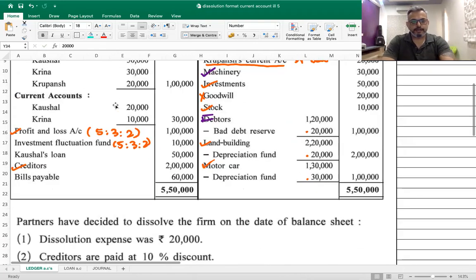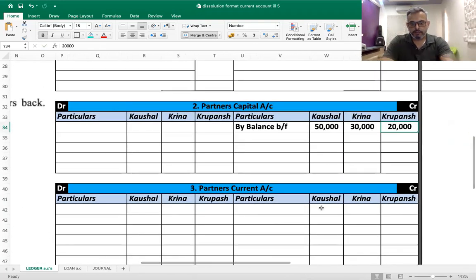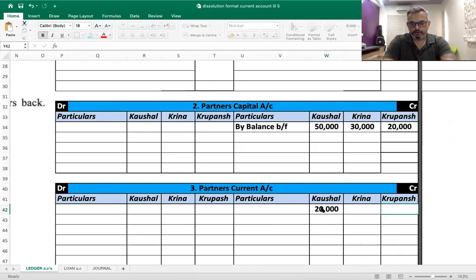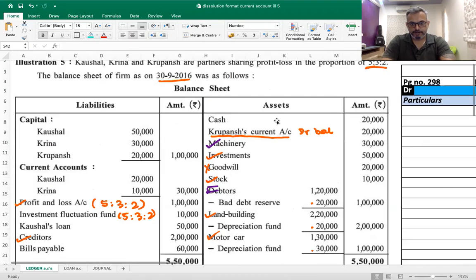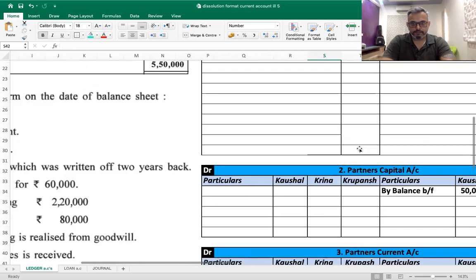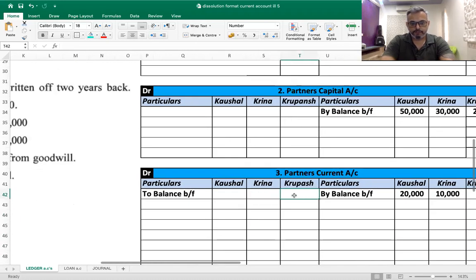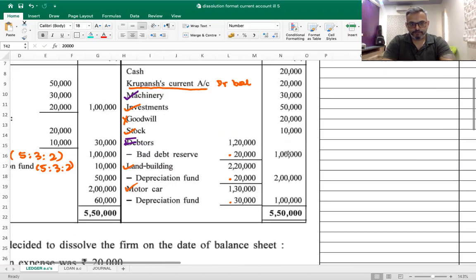We have Kaushal and Krina 20,000, 10,000. Kaushal 20,000, Krina 10,000. Balance brought forward. We also have a debit balance, balance brought forward, of Krupansh. Check the balance sheet, we had written debit balance 20,000. So Krupansh we write 20,000. So capital and current account balances we have written.